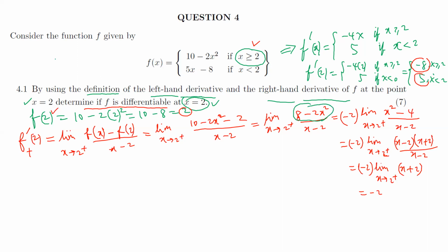So obviously what we have is 8 minus 2x squared. Then I can write it as minus 2x squared plus 8, and then I can pull out minus 2 as a common factor. If we do that, it becomes x squared minus 4, which is exactly that.